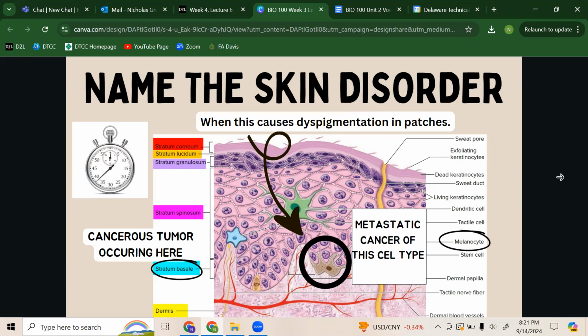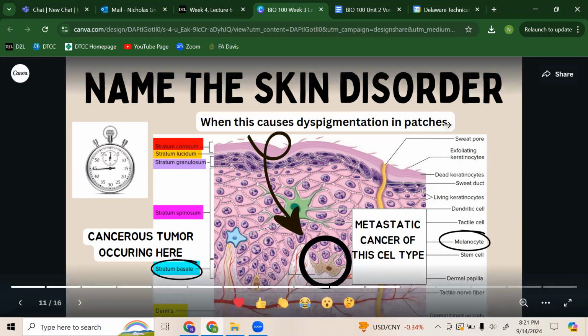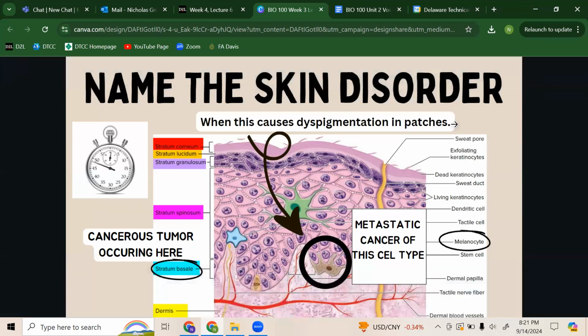And then for this top question, I want you to ignore this part where it says in patches and let's say when this causes dyspigmentation due to lack of melanocytes. So what skin disorder would that be? So go ahead and pause it now and then start it back up after you get your 3 words down.